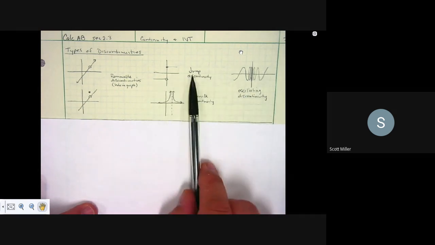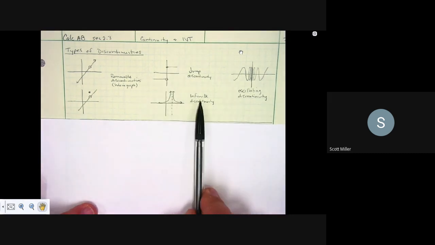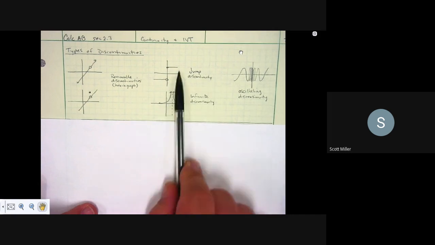These have different names. This is what's called a jump discontinuity. This one is not continuous. It fails the limit. This is an infinite discontinuity. Again, the limit does not exist as I approach this value. It's going upwards without bound. And the oscillating discontinuity: the closer and closer I get to zero, the more this graph goes up and down, back and forth, back and forth.